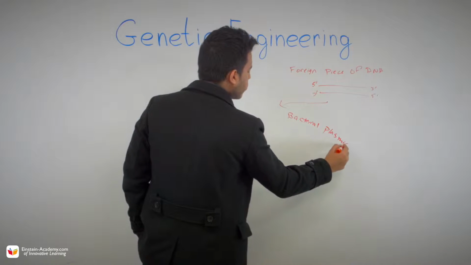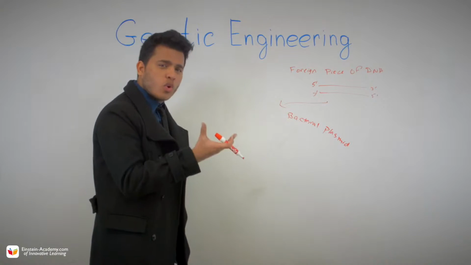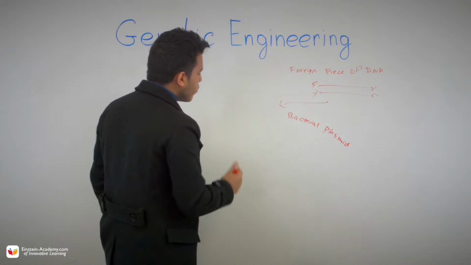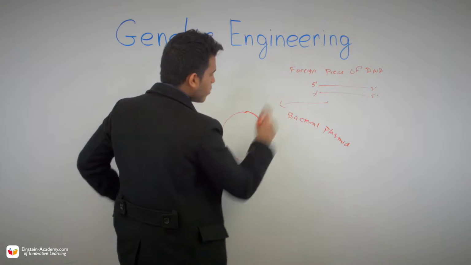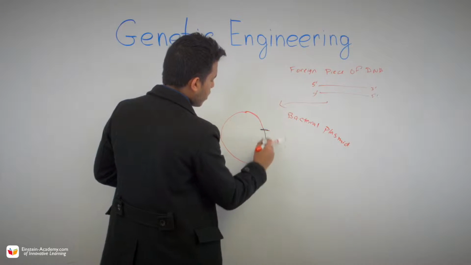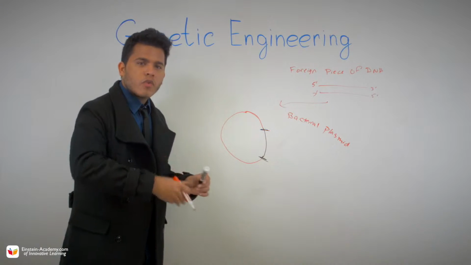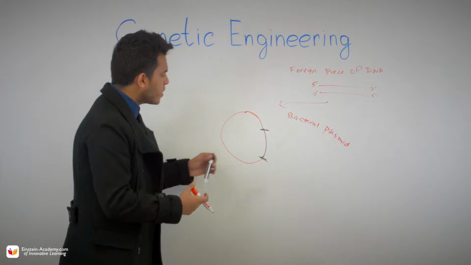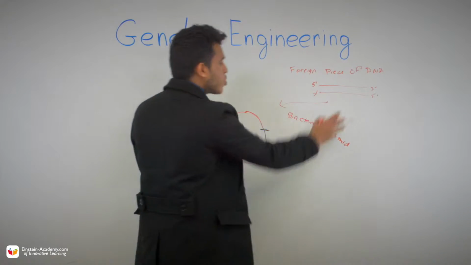And this plasmid will be transformed into the respective E. coli cells, and you can generate this really cool-looking plasmid with your foreign piece of DNA, and your bacteria can now replicate this. Your bacteria now have the genetic instructions to code for whatever this codes for.